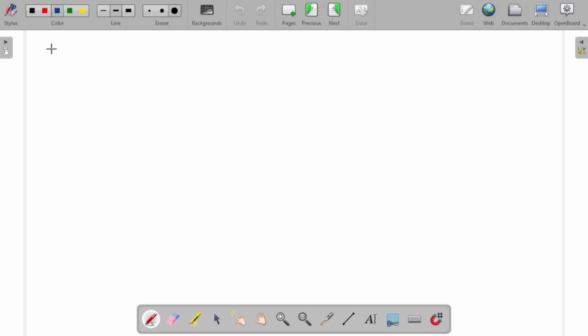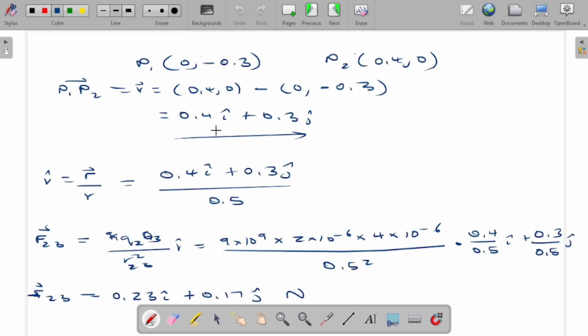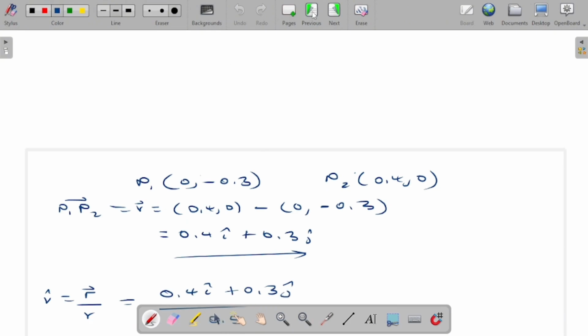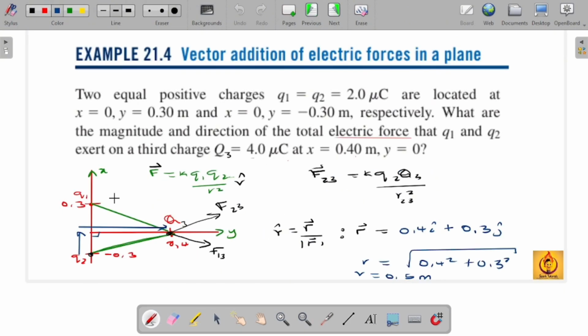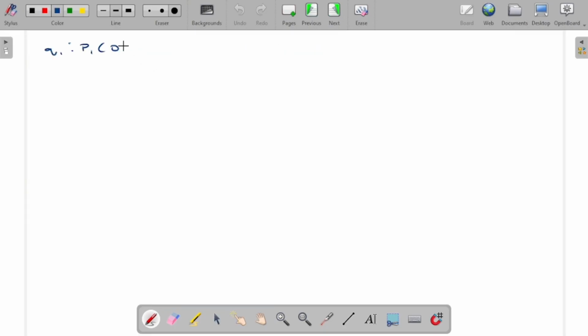So we will call Q1 P1, and Q1 is at 0, 0.3, and Q3 is at 0, 0.4. No, this one is at 0, 0.3, but this one is at 0.4. The big Q is at 0.2, which is 0, 0.4.